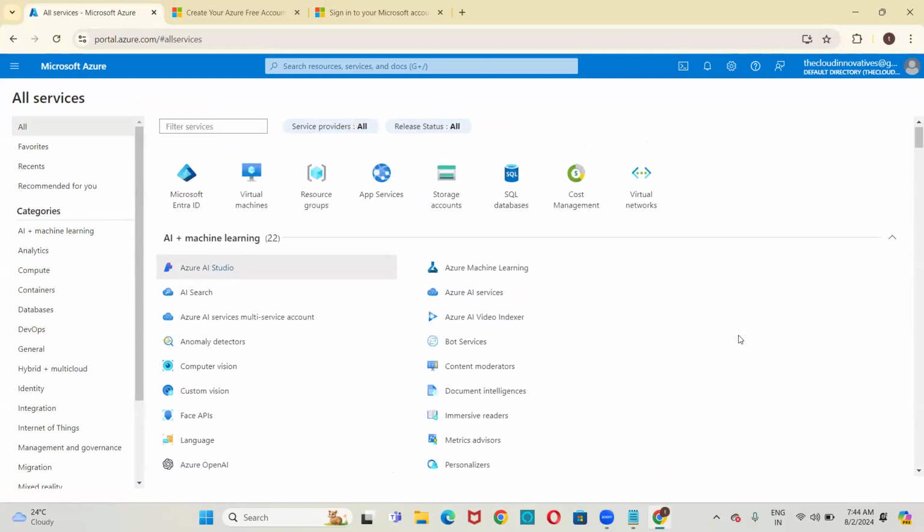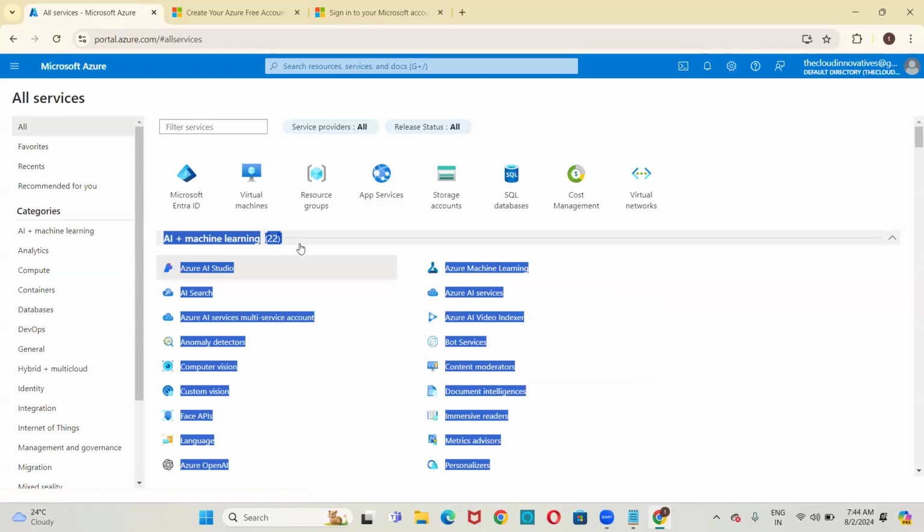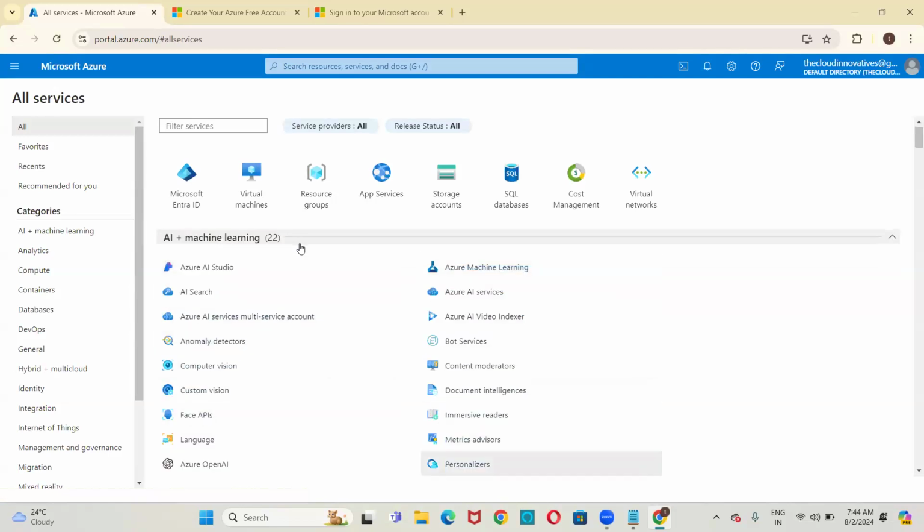See, these are called AI plus machine learning services, artificial intelligence plus machine learning services. Likewise, come down here, everyone.